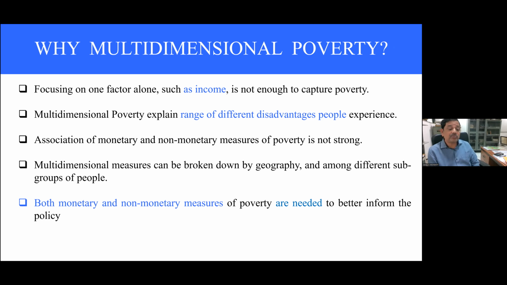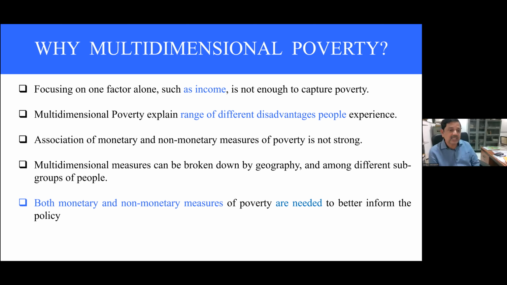Multidimensional poverty can be broken down by geography, such as states and districts, or even smaller regions, depending on the availability of data, and by different groups of people. What is more, multidimensional poverty serves as a supplement or complement to consumption poverty, and not as a replacement for it.